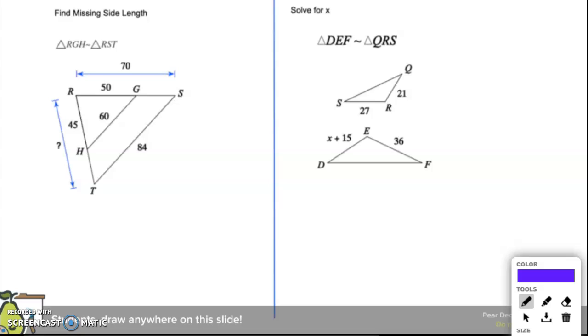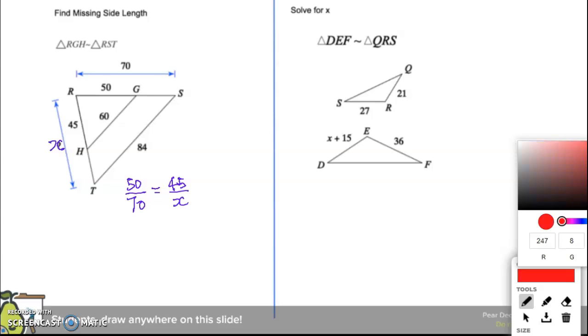So we know that 50 over 70, well, let's call this X. So the small triangle side length divided by the longer side is going to be 45 over X. Because we're told that they're similar, the ratio has to be the same.